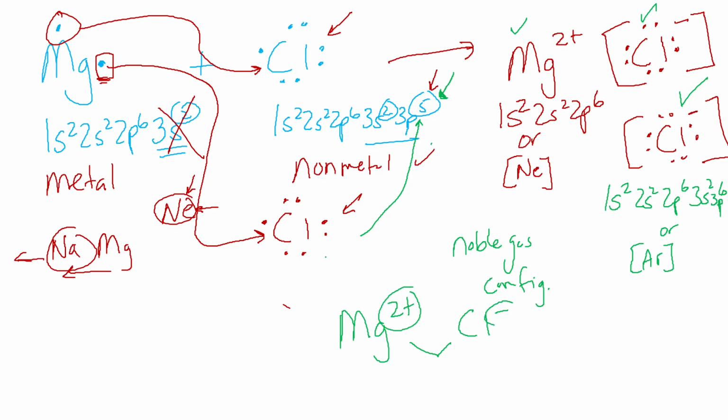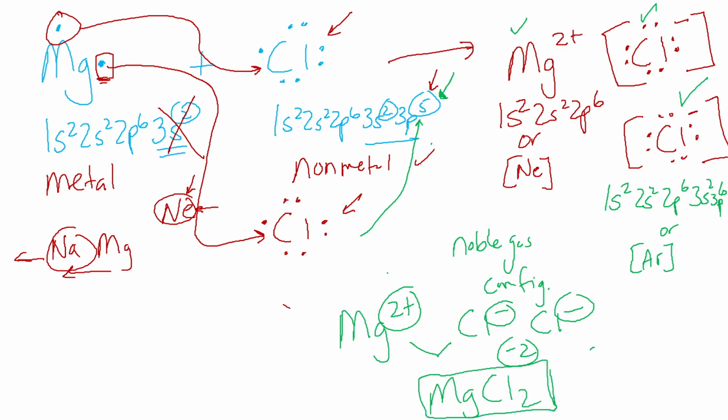So +2 -1 needs one more. -2 +2 gives you the proper formula here. And that is really the reason why when we put together an ionic compound, the overall charge needs to equal 0. It allows everybody here to get that noble gas configuration and create a very, very stable bond.